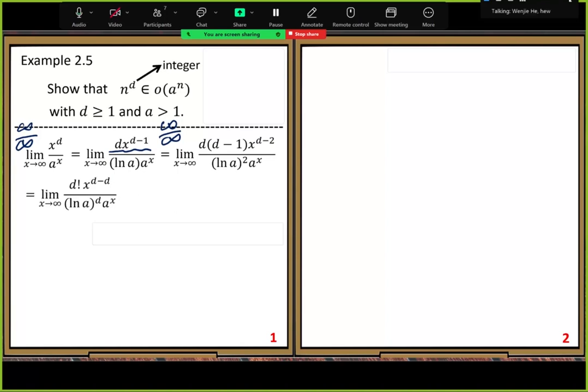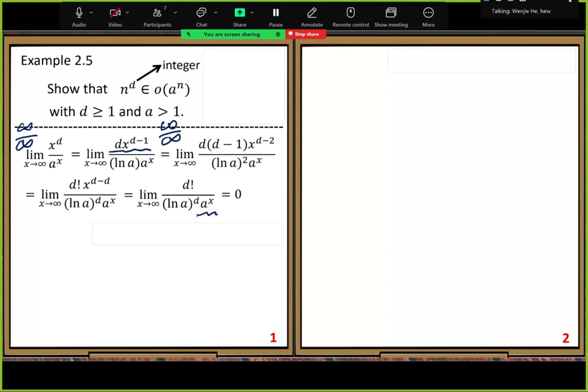Until we hit this point: d factorial times x to the d minus d, where d minus d is 0, so it's 1. This time, it's not an indeterminate form because the numerator is a constant, d factorial. Then we can get the limit: numerator constant, denominator exponential function goes to infinity, so its limit equals 0.